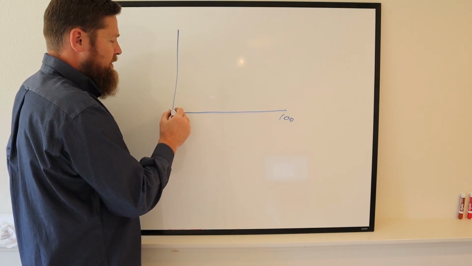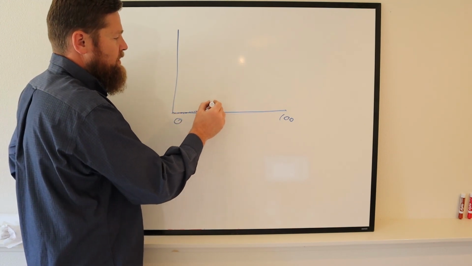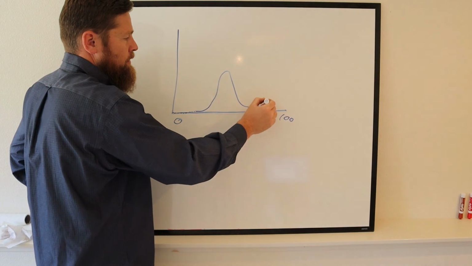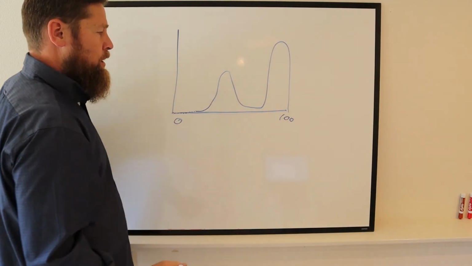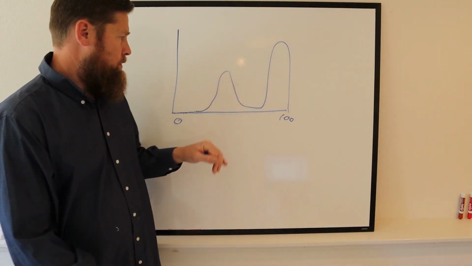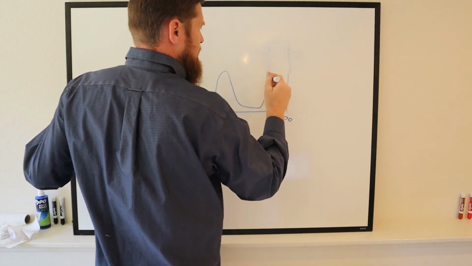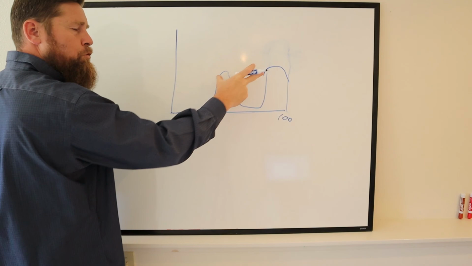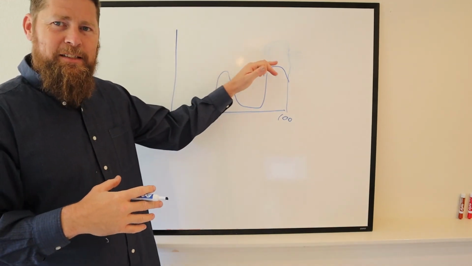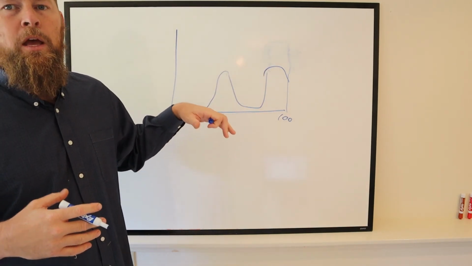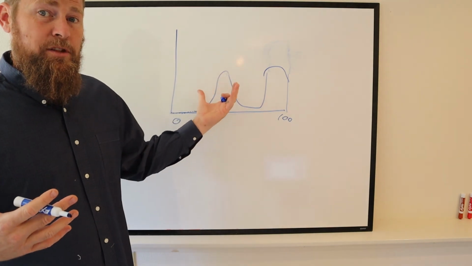Usually what you'll see is that if I plot it out, it looks kind of like this. So that what ends up happening is, there are 2 modes. It doesn't have to be exactly the same number of people that get them, but what we see is that there's 2 sections.